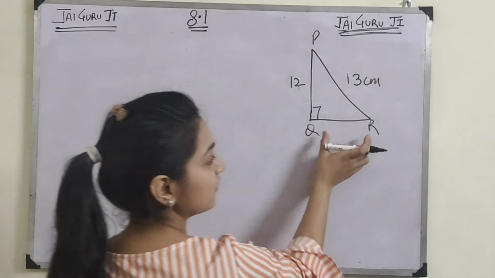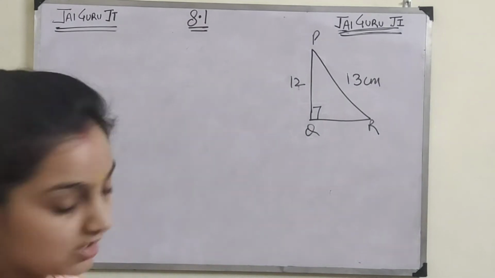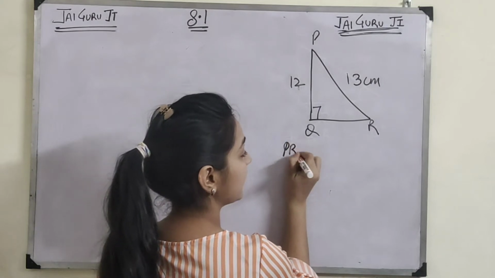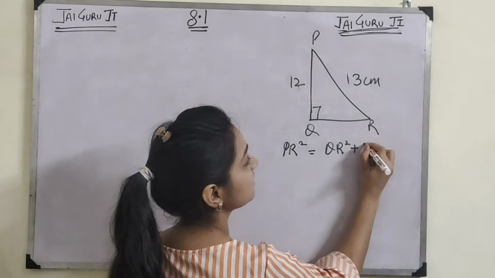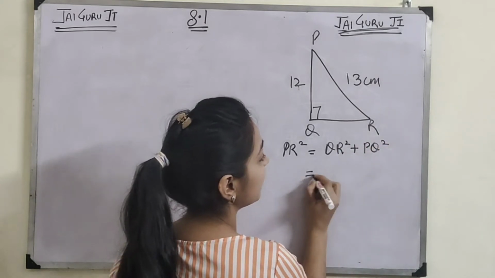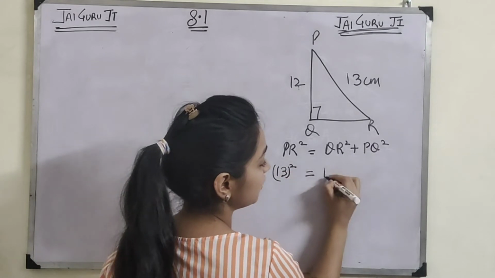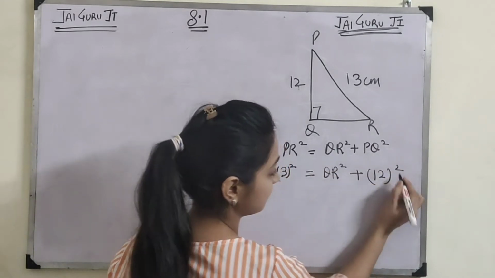Now you have to find out the base. Again with the Pythagoras theorem you will find it out. Like PR square, hypotenuse ka square is base ka square plus perpendicular ka square. So you have been given PR is 13 centimeters, 13 square. QR you have to find out. PQ is 12 ka square.